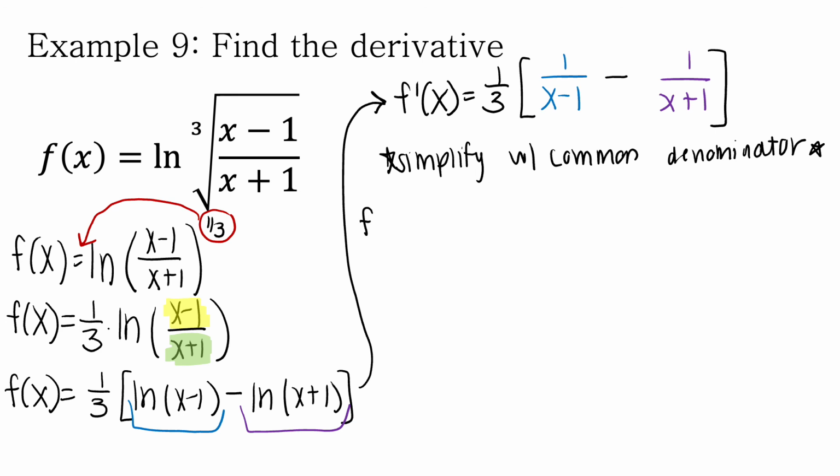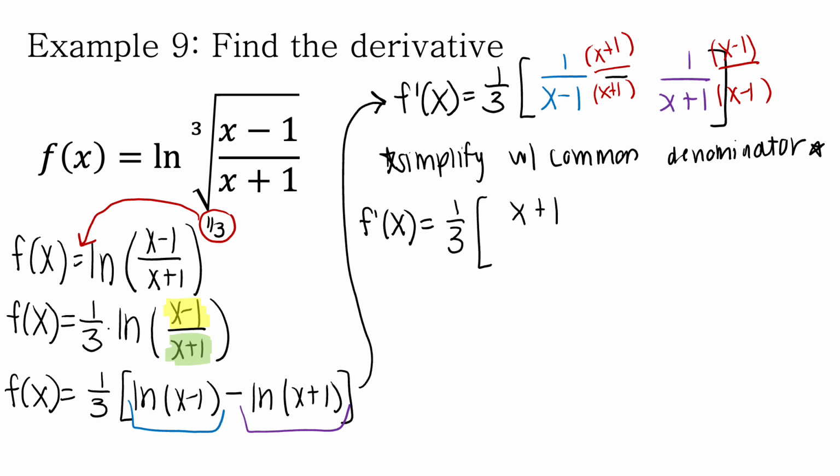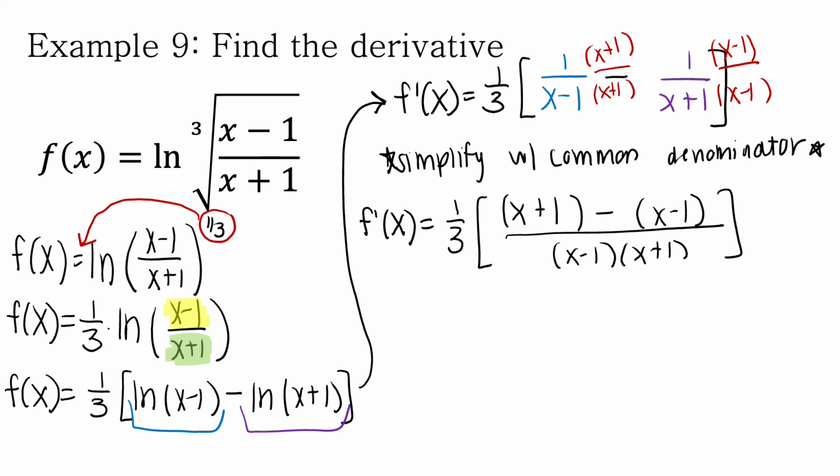So I'm going to write my derivative, f prime of x, is equal to, keeping my 1/3 on the outside for now, I would multiply by x plus 1 over x plus 1 and x minus 1 over x minus 1. This leaves me with x plus 1 minus x minus 1 all over x minus 1, x plus 1. Just some good old-fashioned common denominator.